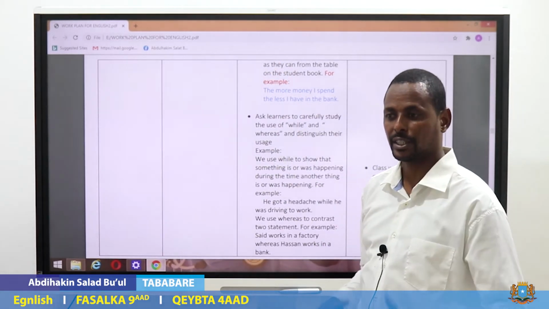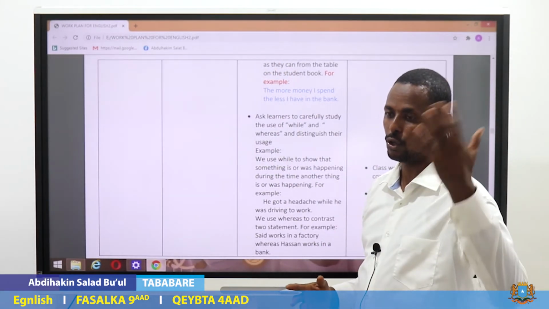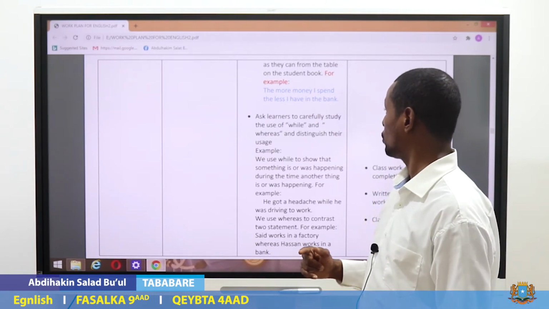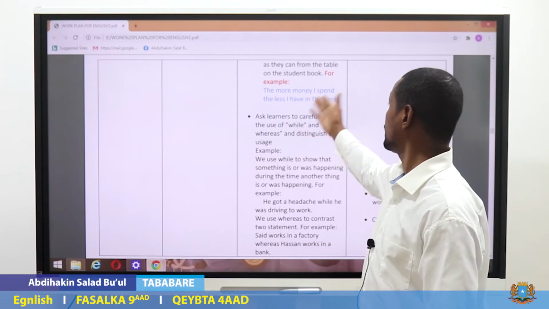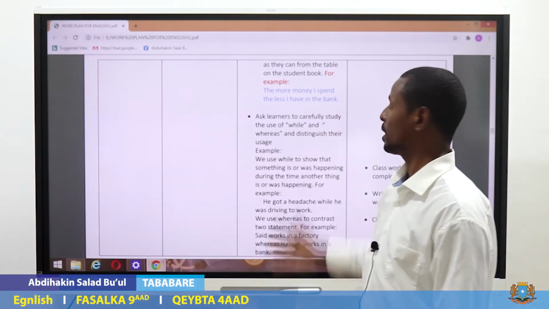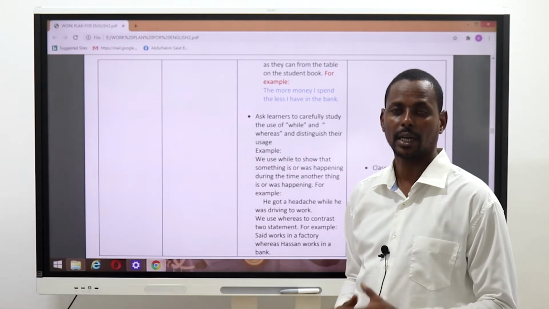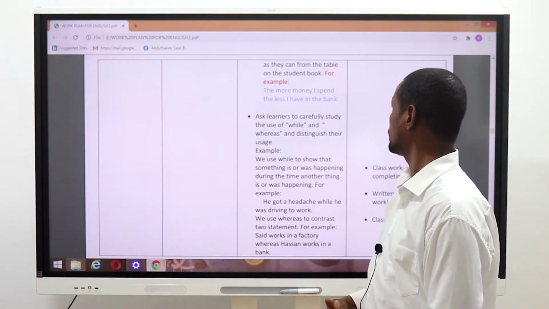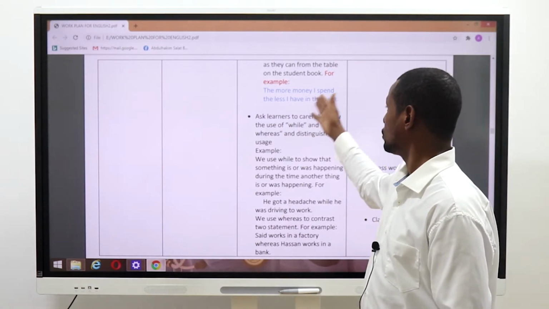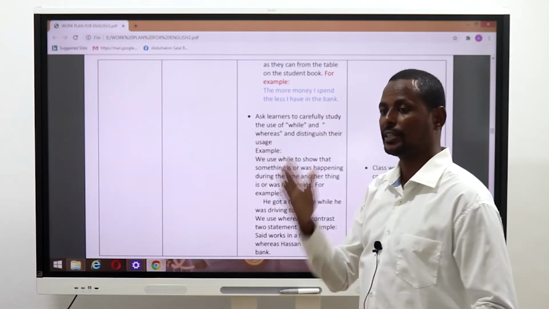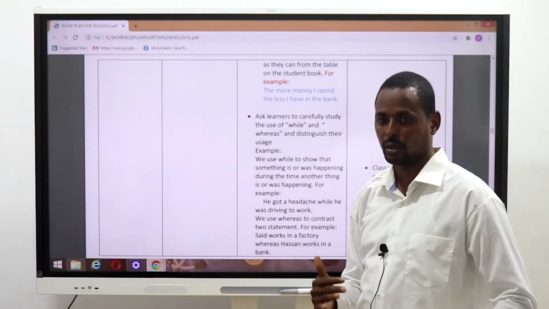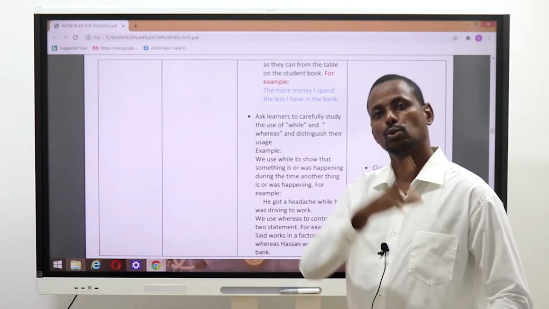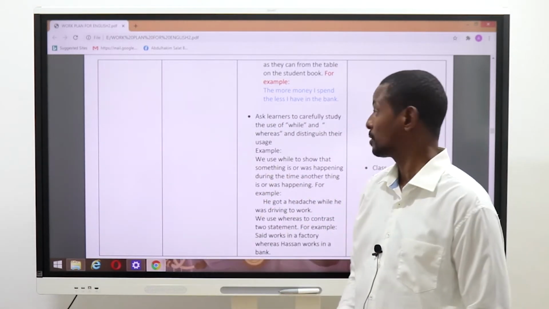After discussing and reading more on comparative adjectives, example: the more money I spend, the less I have in the bank. So there are sentences that are broken in the table. It is their role to fill, to make it a complete sentence.